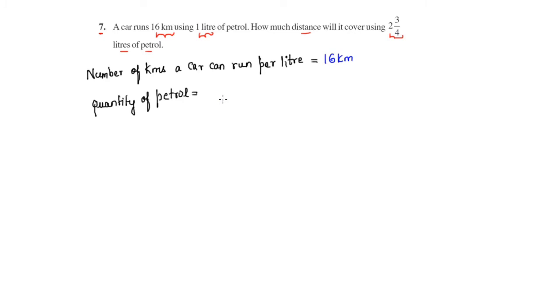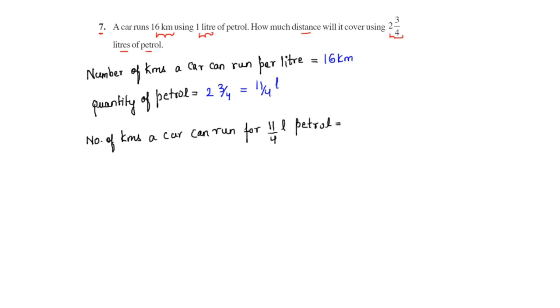Now the quantity of petrol that the car has used is 2 2/3. Converting into an improper fraction, it will give 3 times 2 is 6, 6 plus 2 is 8, so 8/3 liters of petrol. So now we are going to find the number of kilometers a car can run for 8/3 liters of petrol.